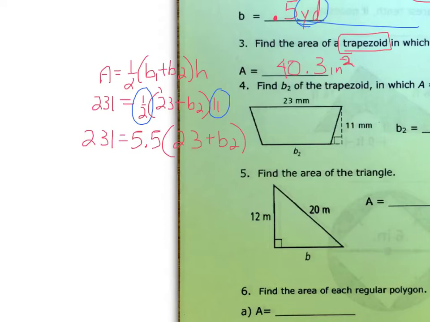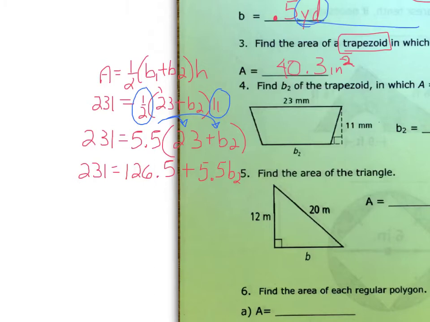So we distribute, because now we have just one number outside the parentheses. It's going to be 231 equals 5.5 times 23. How much is that? 5.5 times 20... 126.5. Great. Now plus 5.5 b sub 2.